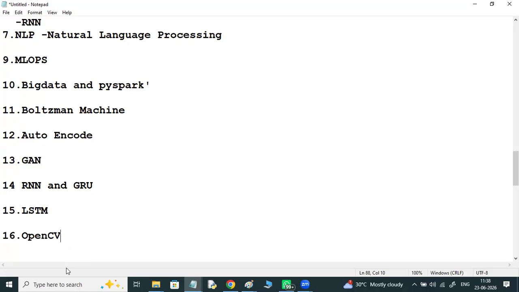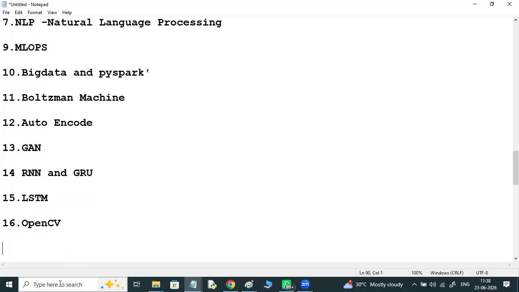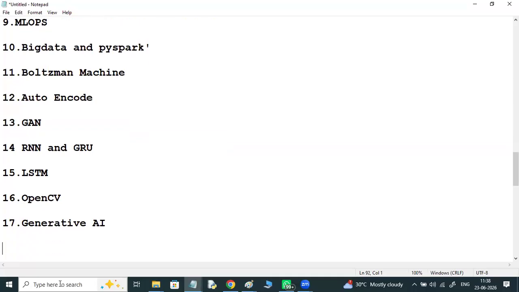And also generative AI, I'll be discussing later. Within generative AI also, right? Types of generative AI, different AI models, and also transformer models, prompt engineering.